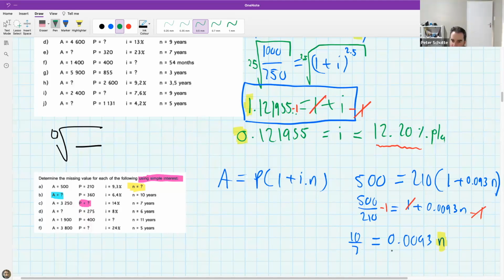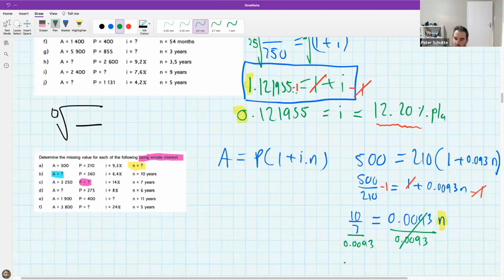You're quite right. You divide both sides by 0.093. And this is where my calculator is going to help me. So what are we getting for n? I suppose I should use my calculator again.